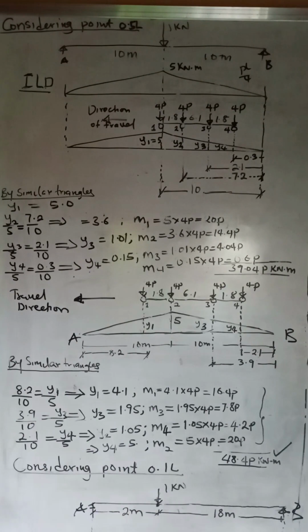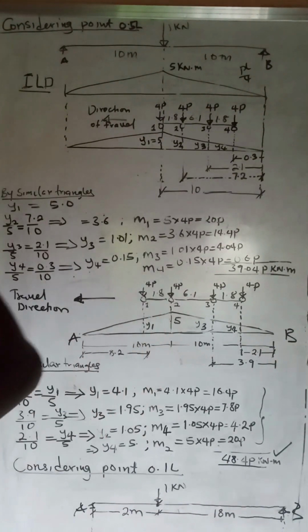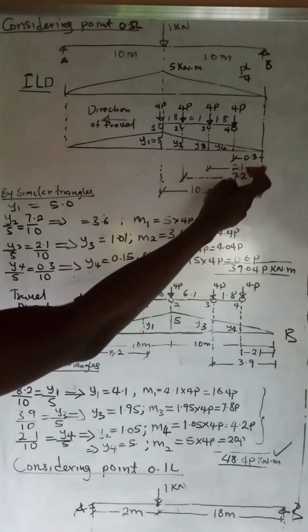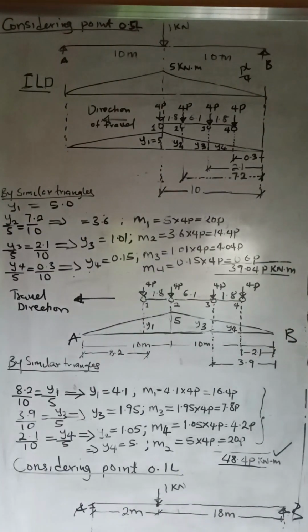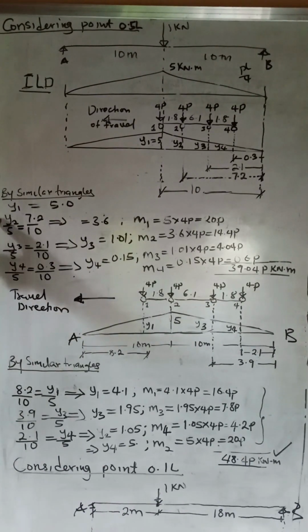We've already known the distance to each of these points from the right-hand support. What we'll need to do is make use of what we call similar triangles. Of course, Y1 is known to be 5. By similar triangles, the ratio of Y2 to 5 equals 7.2 over 10.